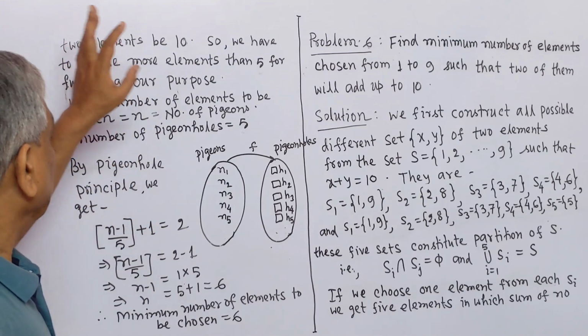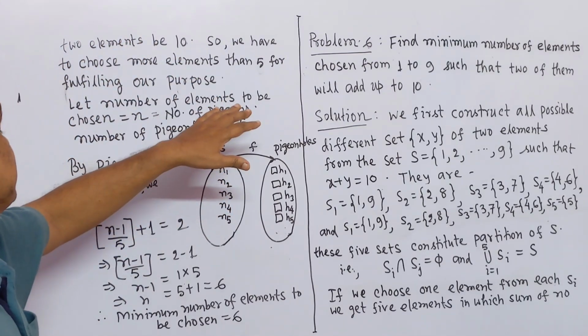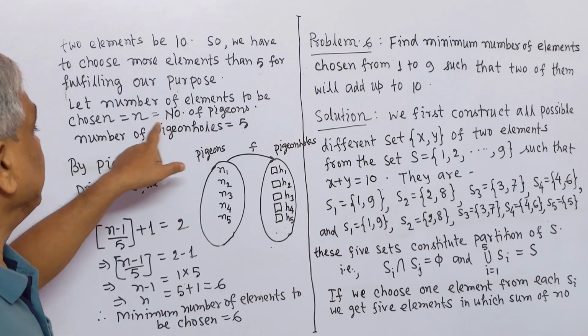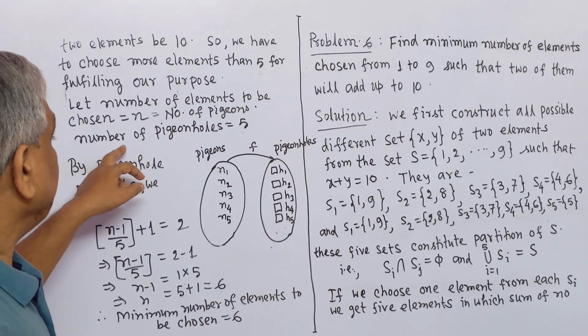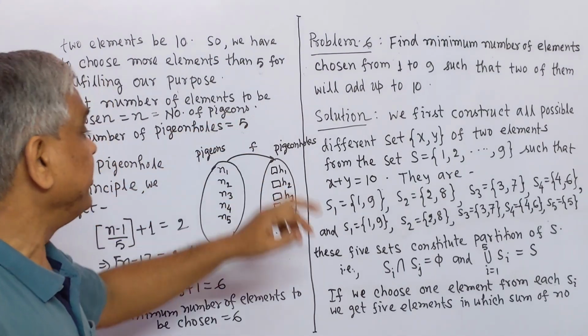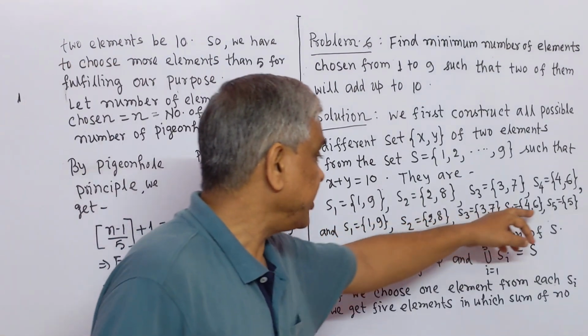Let we choose number of elements equal to n. These be number of pigeons and here number of pigeonholes be 5. Here we have 5 sets.